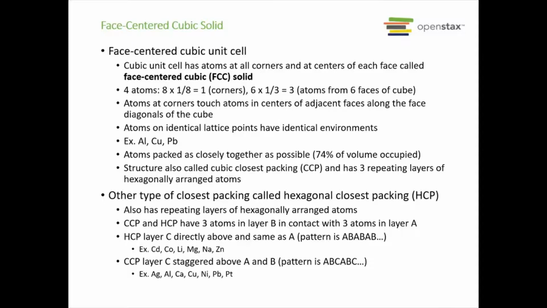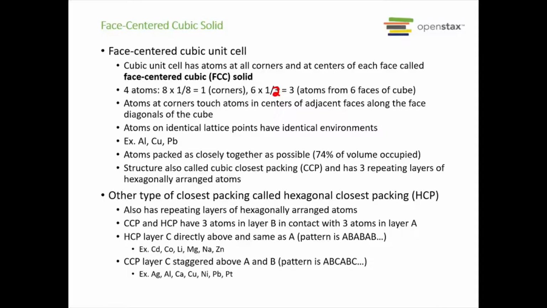And it's actually about 1/3 of each atom that is on each of these faces. Oops, I'm sorry, not 1/3. That should be 1/2. Good old typo. 6 times 1/2. So that gives us 3 atoms. So it's about half the atom that's on each face of the unit cell. So that gives us 3. 3 plus 1 gives us 4 total atoms.